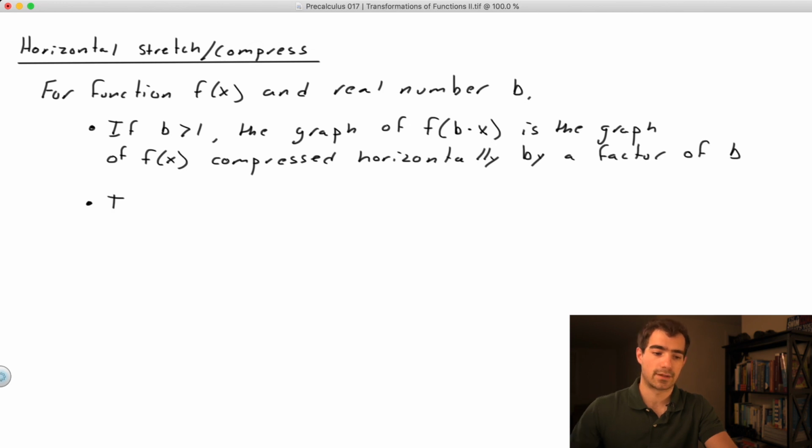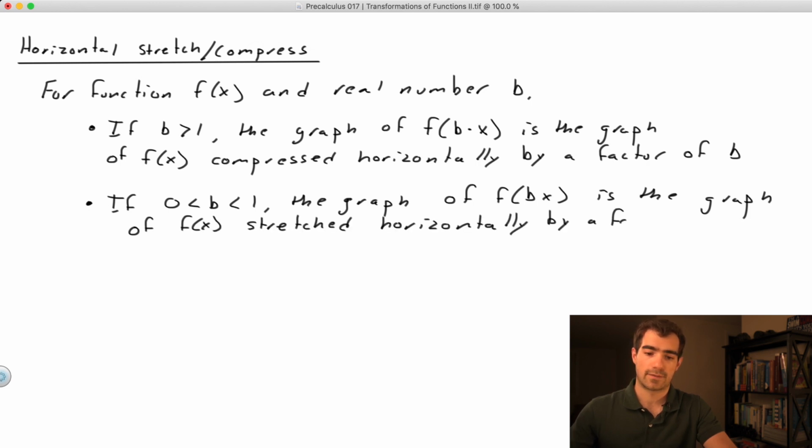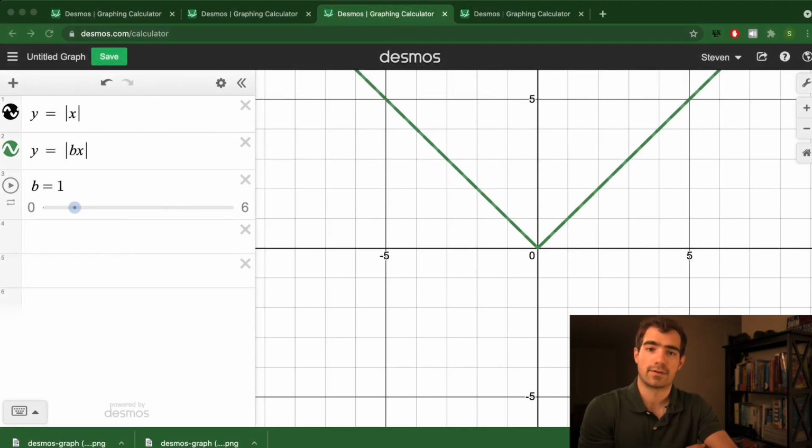And if b is between 0 and 1, then the graph of f of b times x is the graph of f of x stretched horizontally by a factor of b. And so let's explore that with the function absolute value of x.